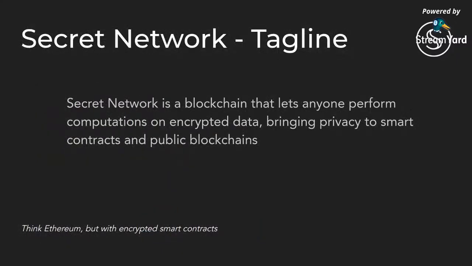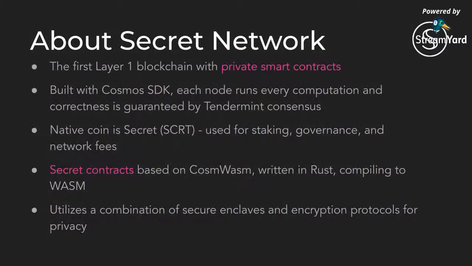So as I said, Secret Network is a blockchain that lets anyone perform computations on encrypted data. Think Ethereum smart contracts, but encrypted secret contracts. We bring privacy to smart contracts. So a little bird's eye view on the Secret Network.